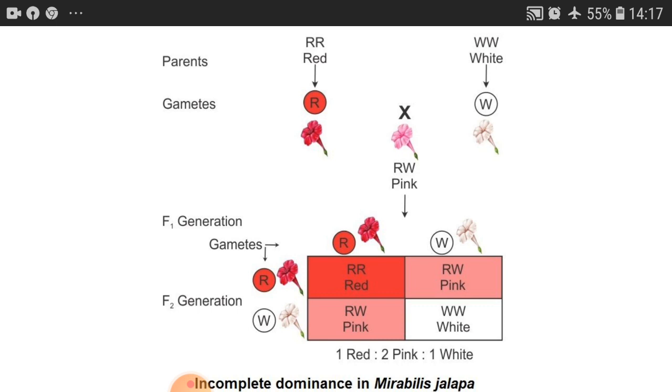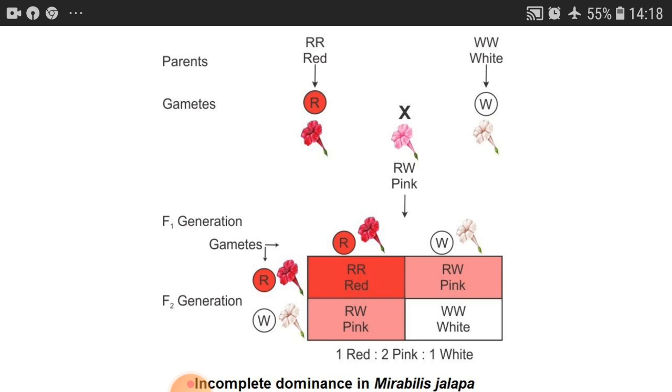But you see, when two of the hybrid plants with pink flowers are crossed, the F2 generation includes plants again with red, pink and white flowers in the usual Mendelian ratio of 1:2:1. How come? We'll see now. So this is according to the Mendelian ratio, but the characters did not fuse with each other.